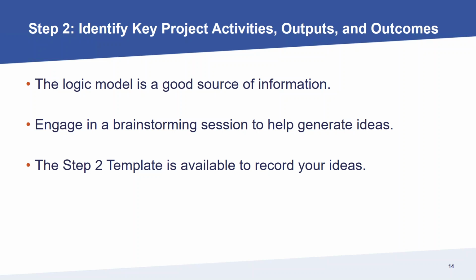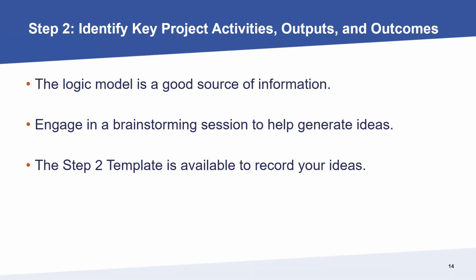Step 2 is identify key project activities, outputs, and outcomes. We suggest using your project logic model to brainstorm about these key items, as all the information should be available there. As a result of these discussions, you may determine that something's missing from the logic model, or that things changed after your project started.